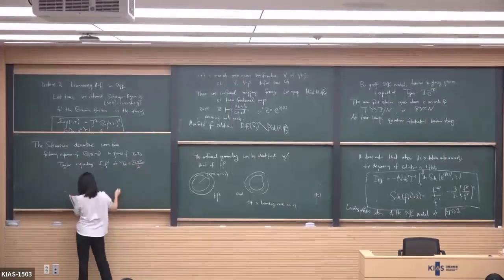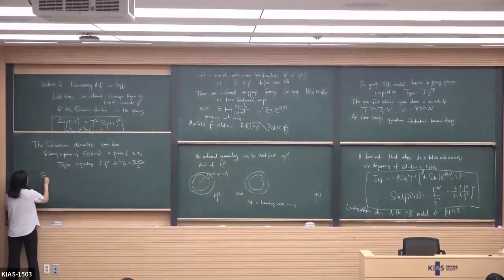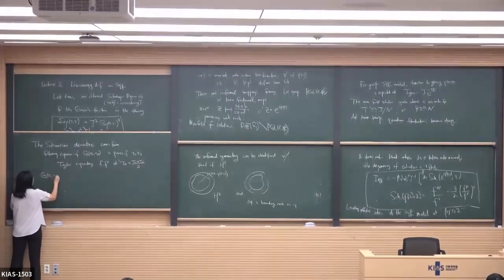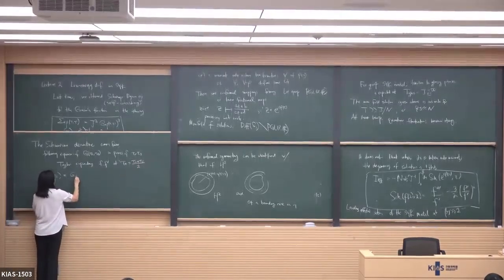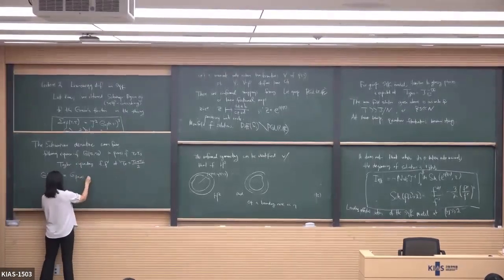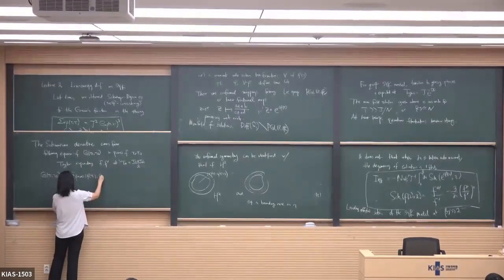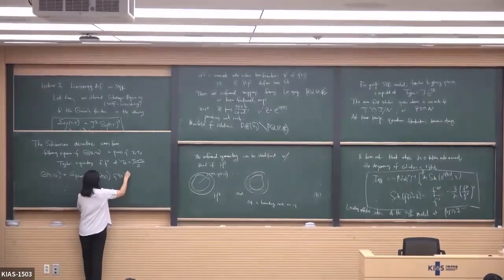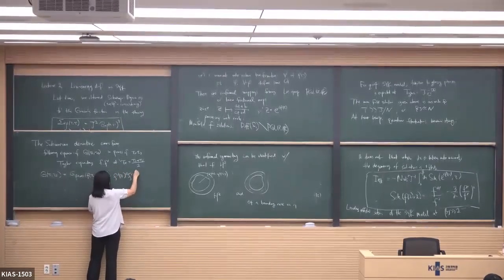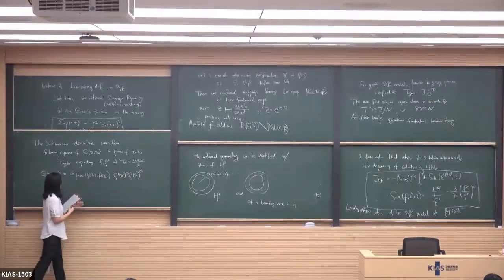So the idea is that we expand an arbitrary Green's function about the zero temperature Green's function. So far this is just the definition of the transformed Green's function, right?